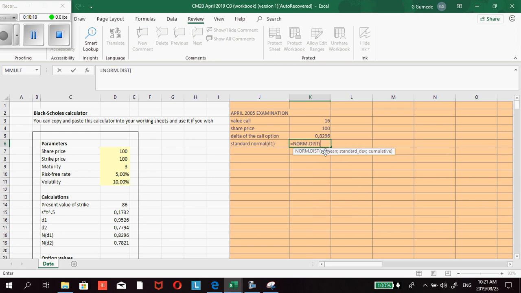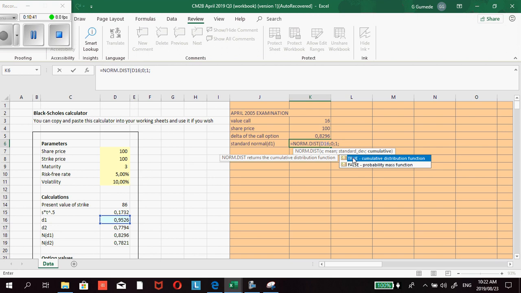So I'm going to punch this in here. The value of x at which I want to evaluate this normal distribution is d1. My mean is 0 and my standard deviation is 1, because this is a standard normal 0,1. Here, when I move to cumulative, I am given options.